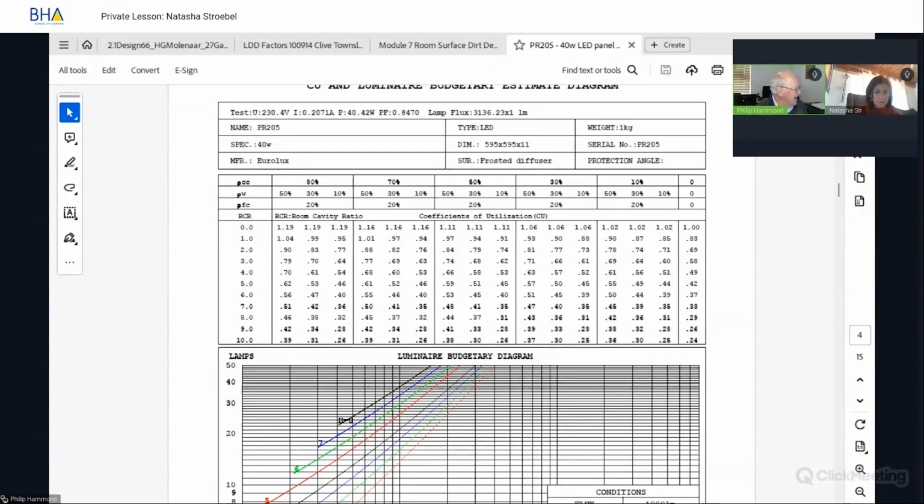If it was 80 and the reflectance of the walls was only 30%, then you would use this middle column. And if the reflectance of the walls was only 10%, which might be typical of wood paneling or a black wall or a dark brown wall, it would be then 80%, 10%, and 20%, which would be the right-hand column.